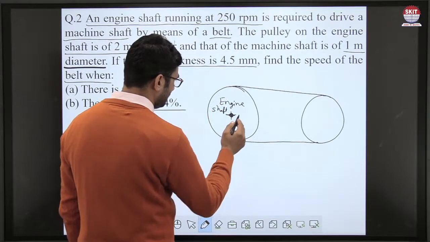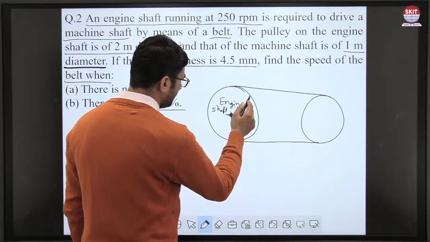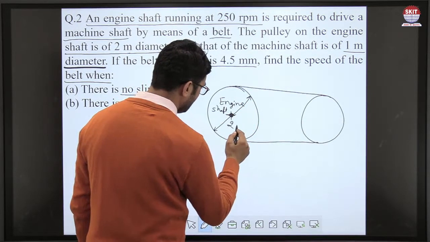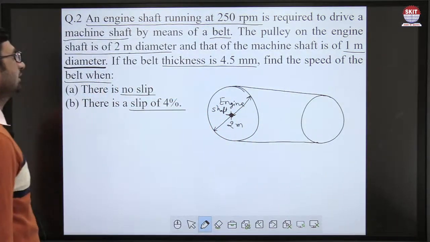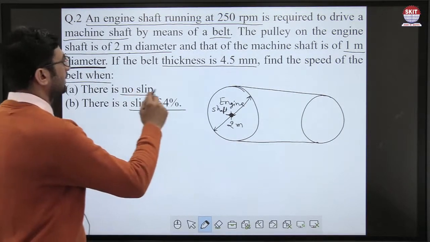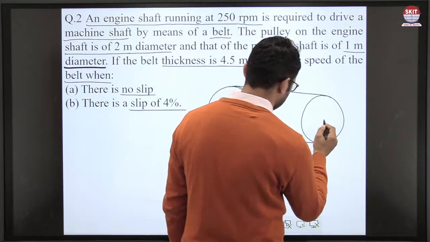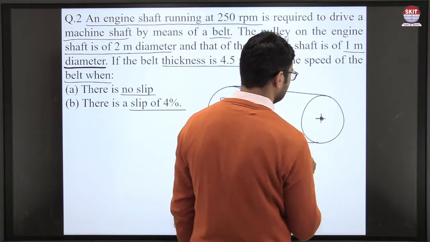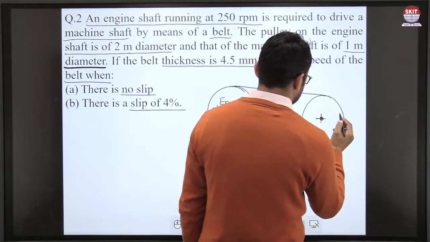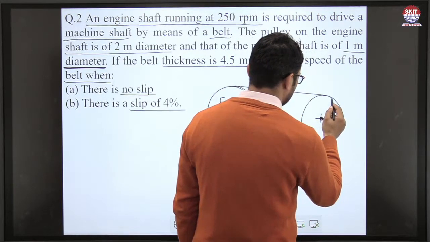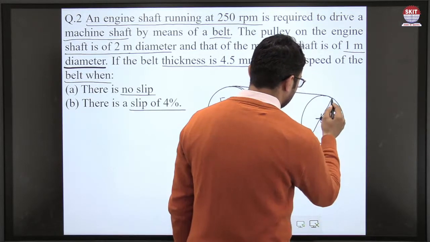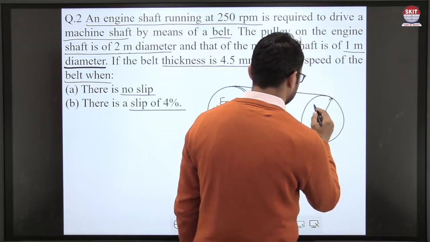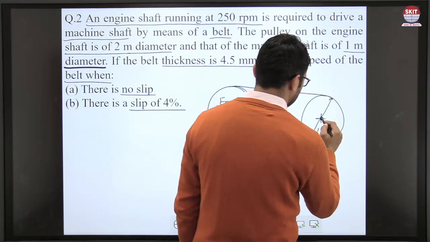So the diameter of this pulley is 2 meter. And the other is the machine shaft. This is the machine shaft, and this pulley has 1 meter diameter.